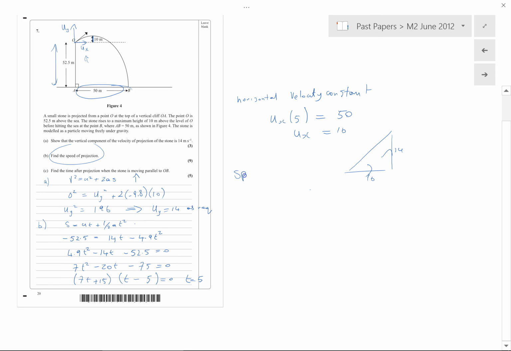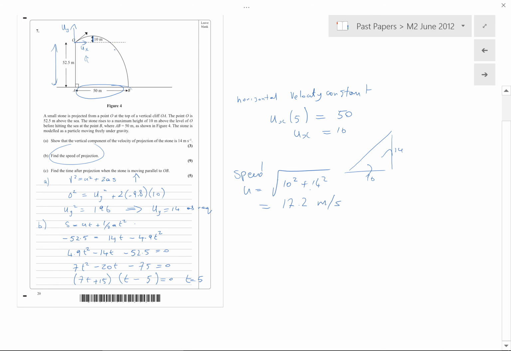So the speed, we'll call it u, is equal to the square root of 10 squared plus 14 squared, and that equals 17.2, or 17 to 3 significant figures, or 17 to 2. Okay, so I don't think that was particularly difficult, 9 marks at this stage in the paper. Right, 5 marks for the last bit.